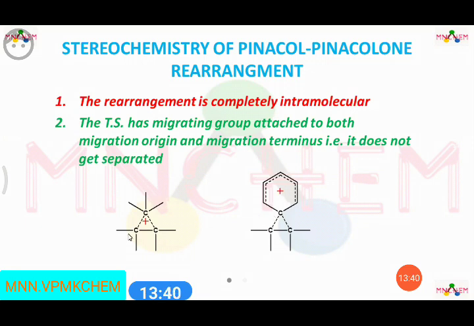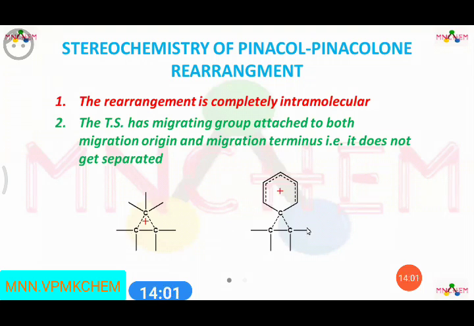Here we can see in this transition state the migrating group is attached to both the migration origin as well as the migration terminus. Similarly, in this second case also.